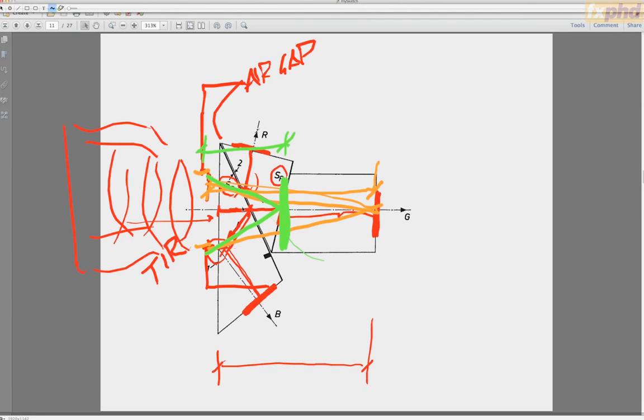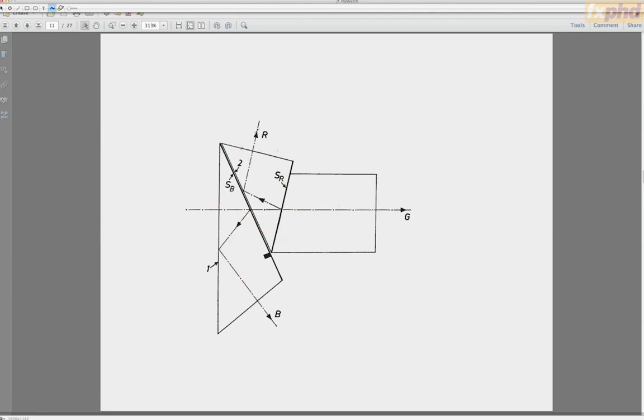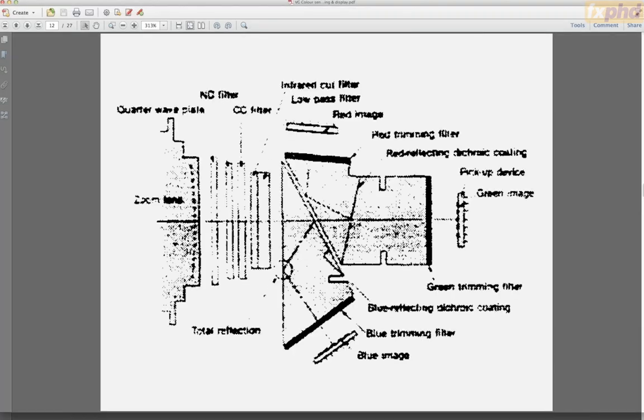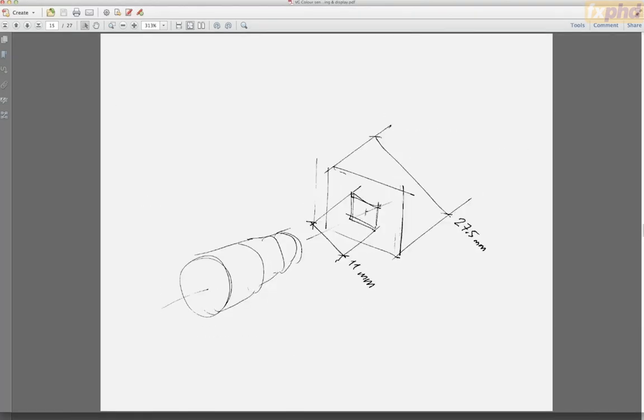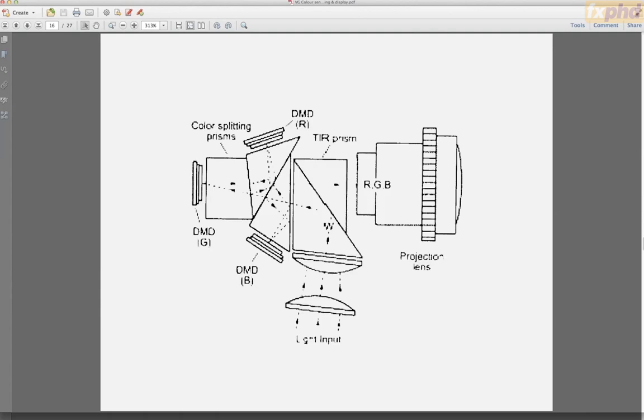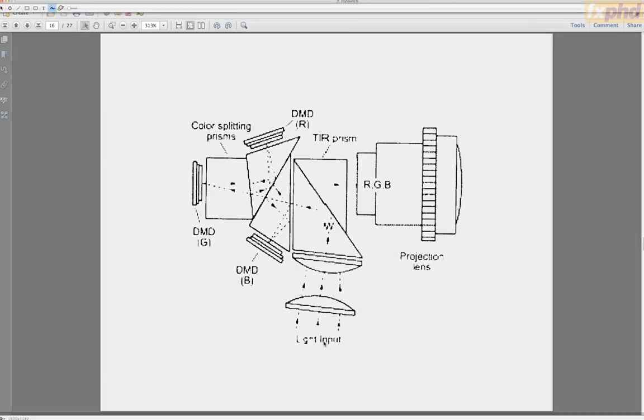Okay, so marching on from dichroic, the dichroic arrangement for a DLP is even more complicated because in the case of a DLP, you've got to ship in light, which illuminates the three DLP devices.